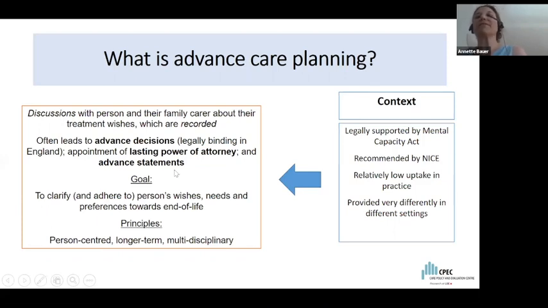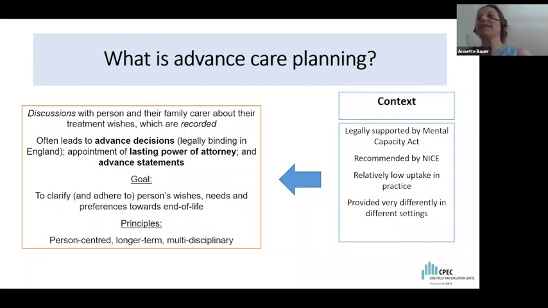The principle by which advanced care planning is provided is that it's a process that is, or should be, person-centered. It's longer term, so it's not just supposed to be one meeting, and it's multidisciplinary. The context in England is that it's legally supported. It's not a legal obligation, but it's legally supported by the Mental Capacity Act.